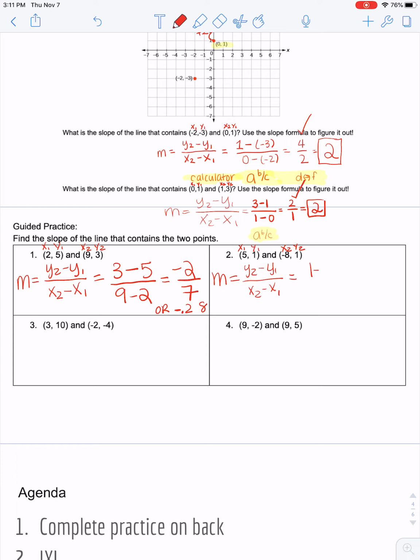And we know that's 1 minus 1 in the denominator, and negative 8 minus 5 in the numerator. Execute. Get 0 over negative 13, or you could have just ended up with 0, because 0 divided by anything gives you 0. And yes, you can have a slope that equals 0.